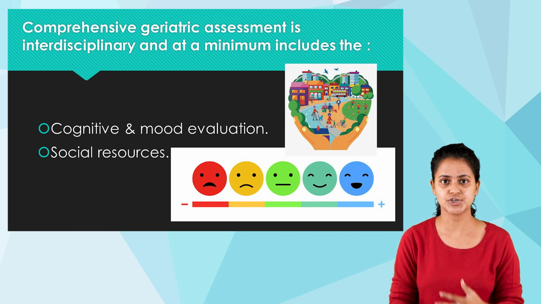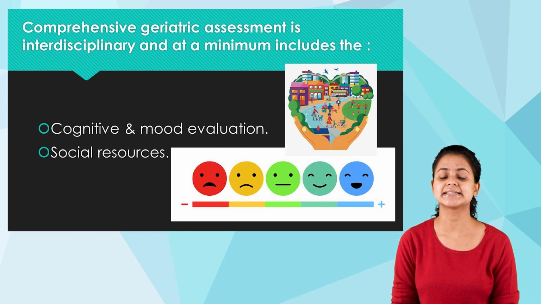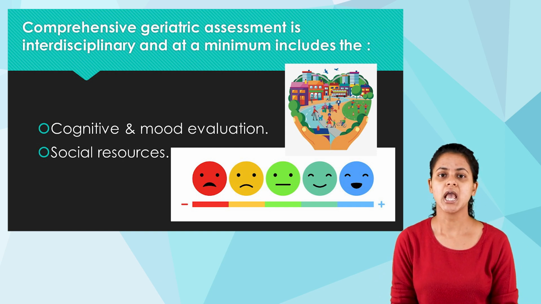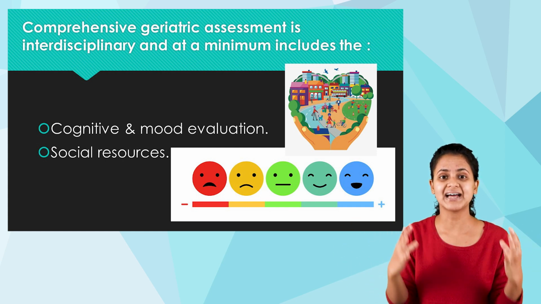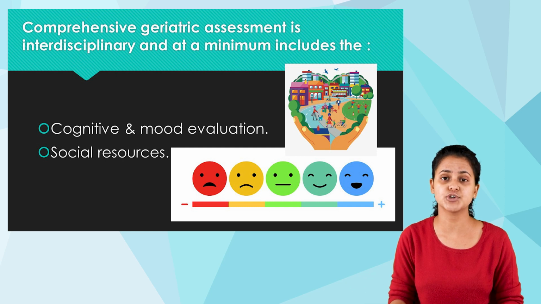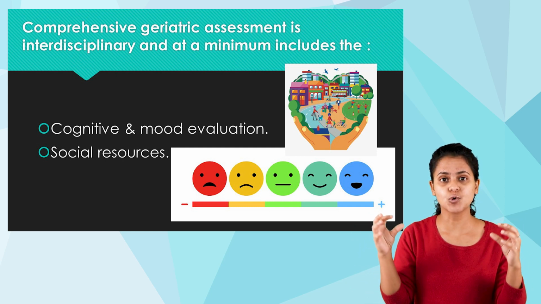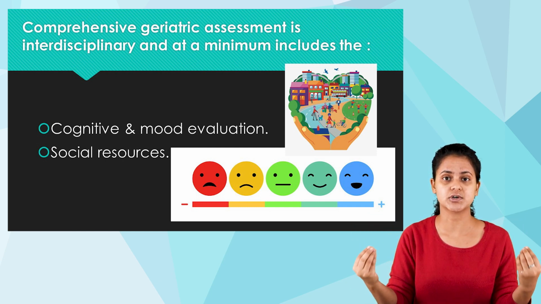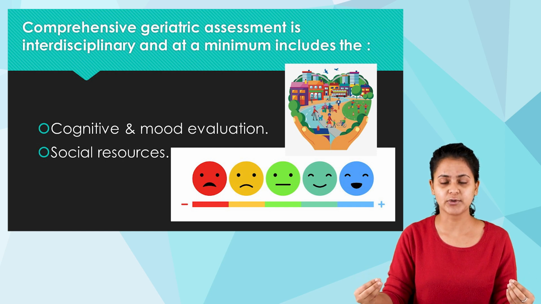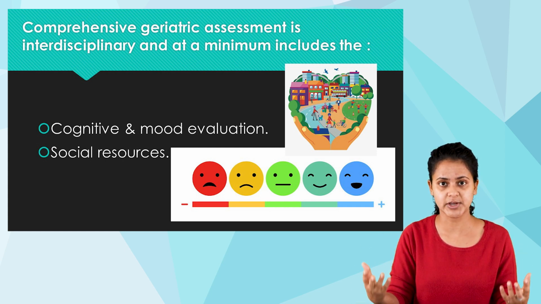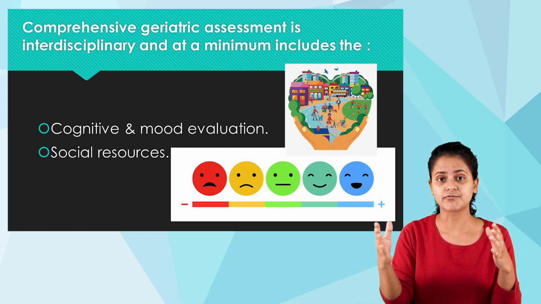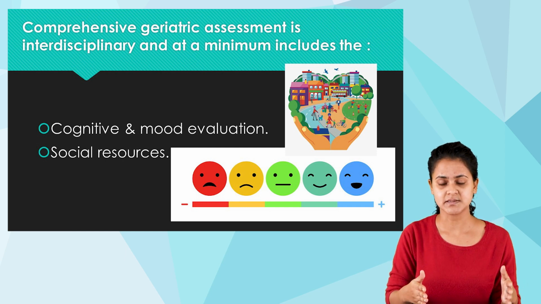The next condition which should definitely be assessed is the social resources. Many of the clients in the older population will lack social as well as interpersonal resources, due to which they can develop certain disease conditions. The majority of clients can suffer from anxiety, depression, and they can even be a victim of neglect.